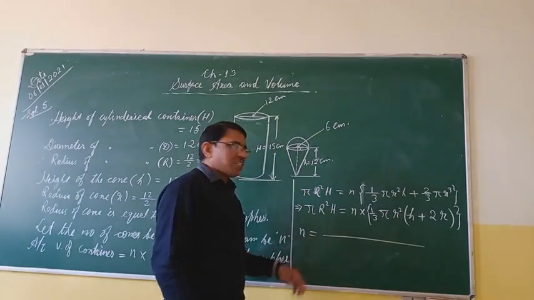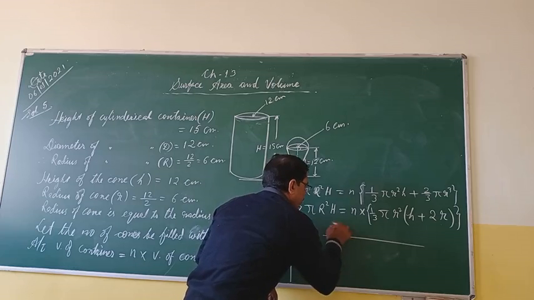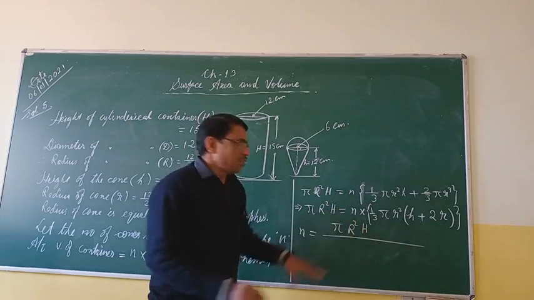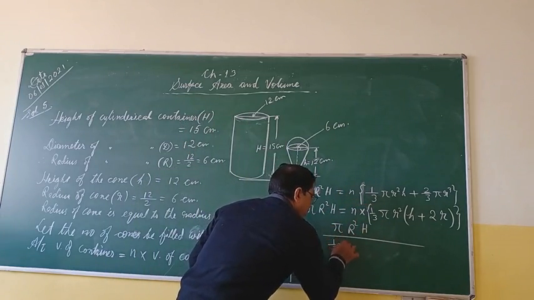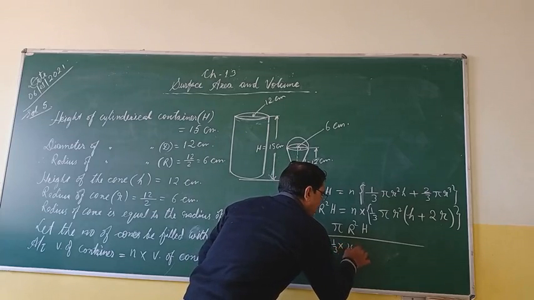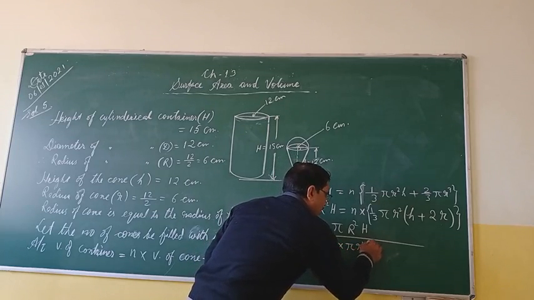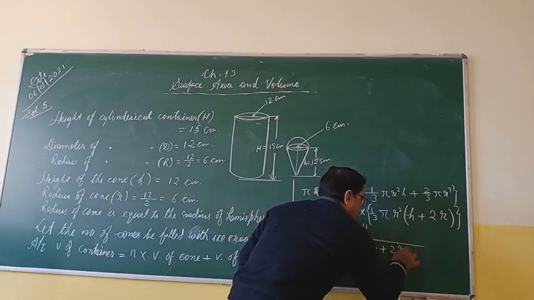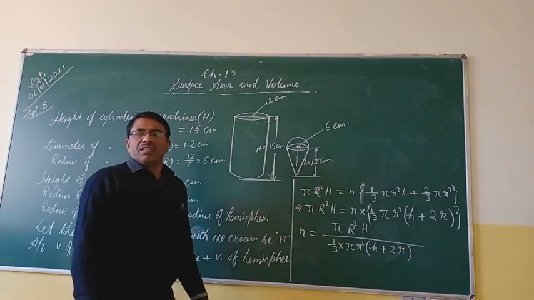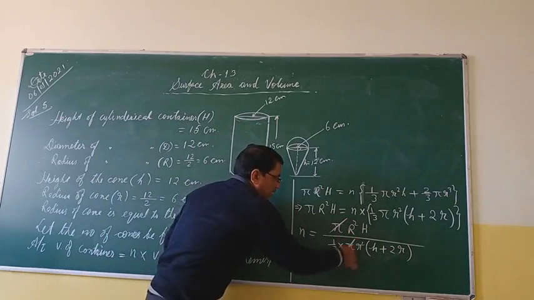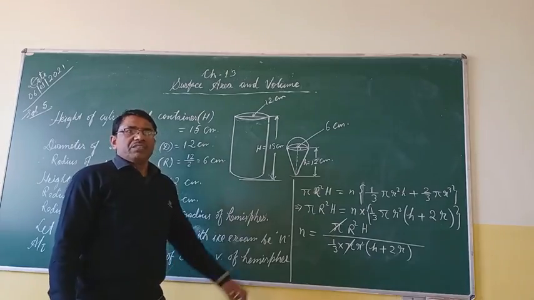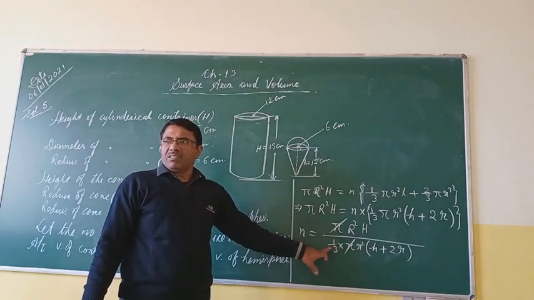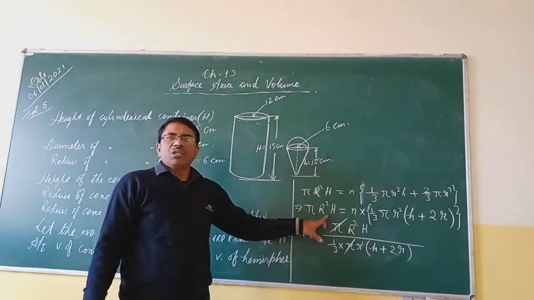So number of cones is equal to pi capital R square capital H by 1 by 3 into pi small r square under bracket h plus 2 into r. Got it? Now students, this pi and this pi are cancelled. This 3 is in denominator, so this 3 will multiply to numerator.